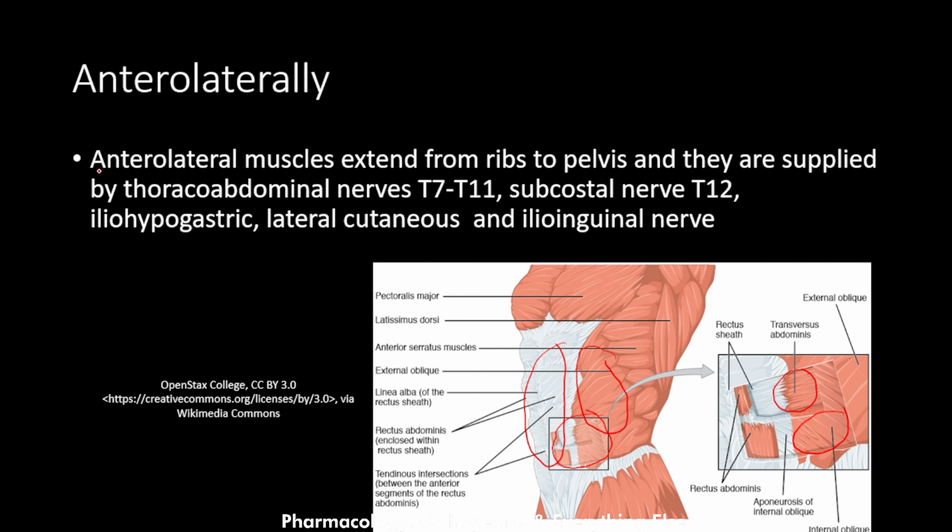And the anterolateral muscles extend from the ribs to the pelvis, and they are supplied by the thoraco-abdominal nerves T7 to T12, and the subcostal nerve, which is T12, and the iliohypogastric, the lateral cutaneous, and the ilioinguinal nerves.